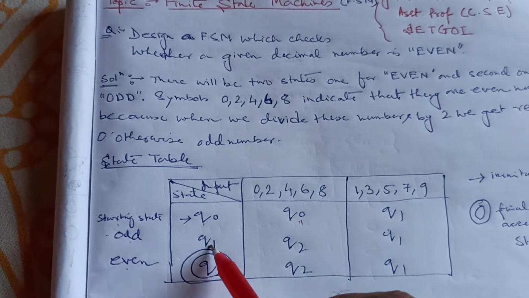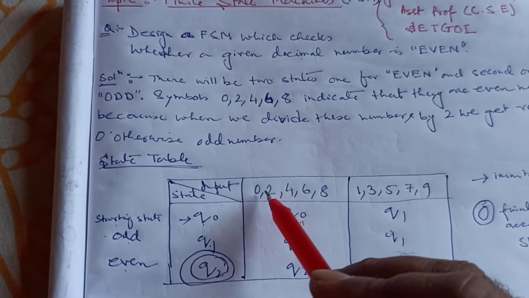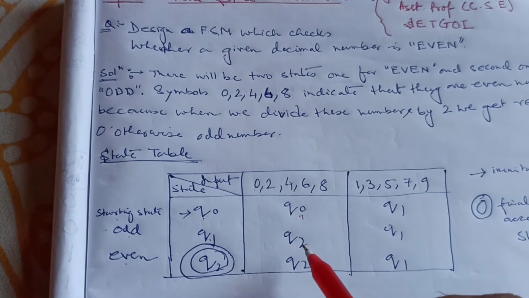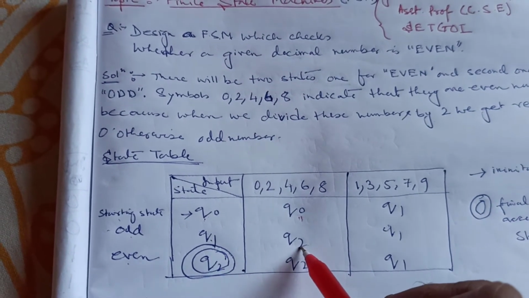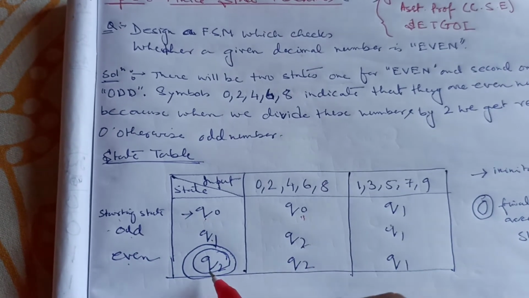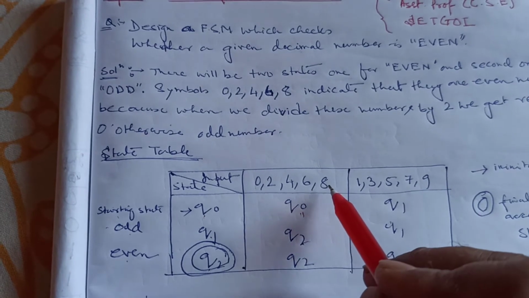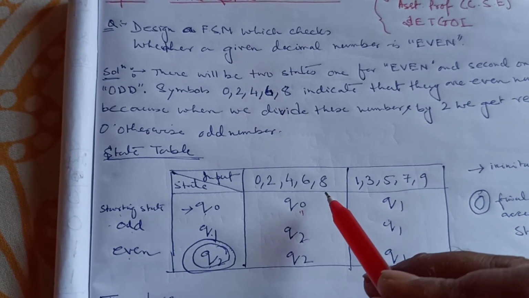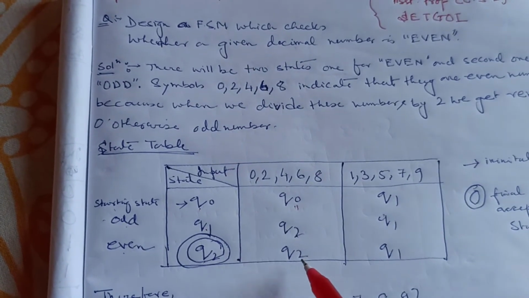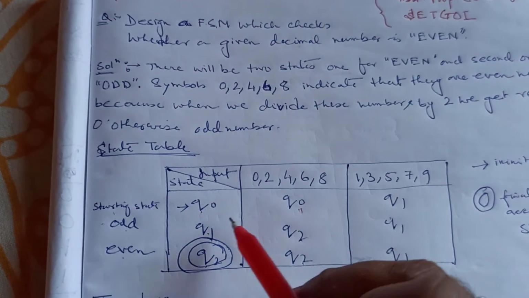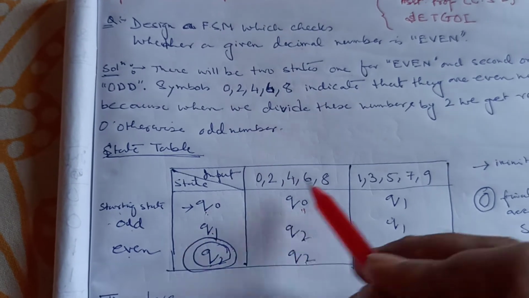Suppose you are in state Q1 and you get 0 to 8 as input, then you will move to Q2 state. Suppose you are in state Q2 and you get 0, 2, 4, 6, 8 as input, then you will move to Q2.